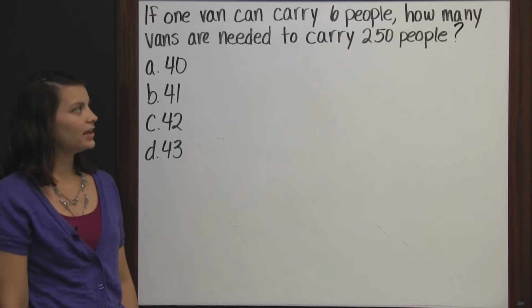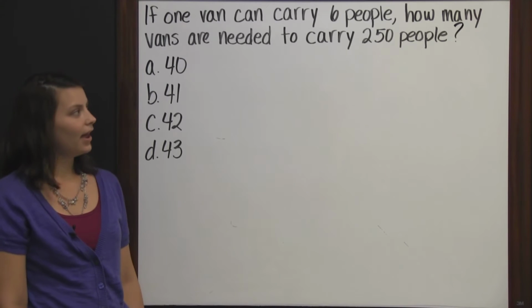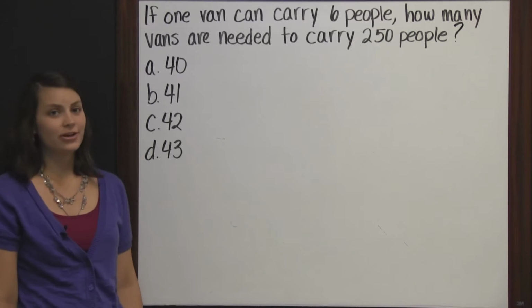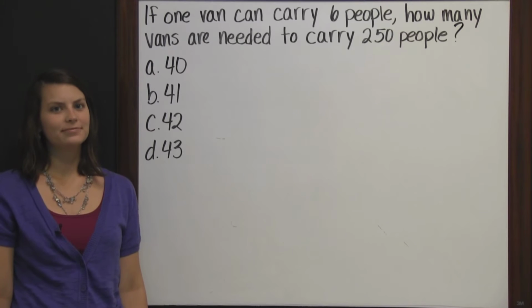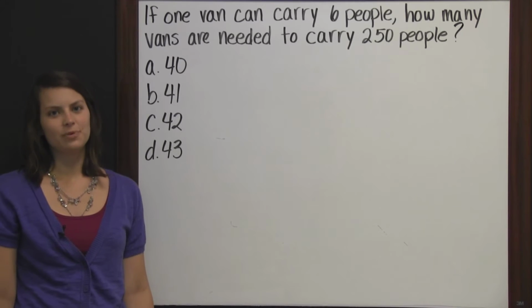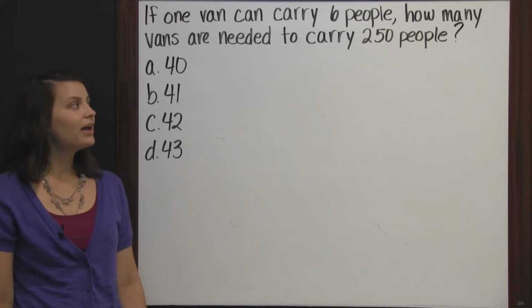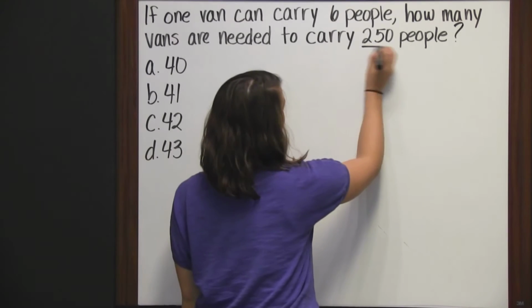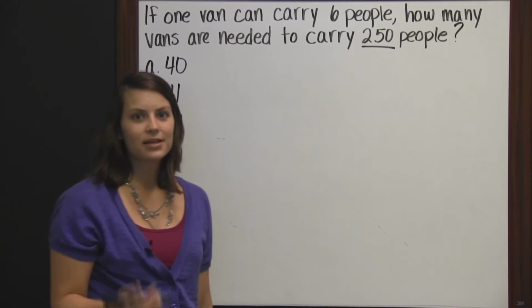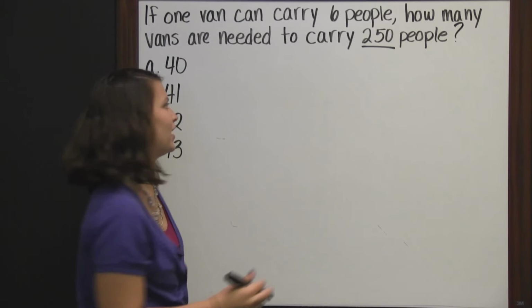If one van can carry 6 people, how many vans are needed to carry 250 people? Well, this is a division problem because we're going to divide up these 250 people into vans, 6 people in each van.